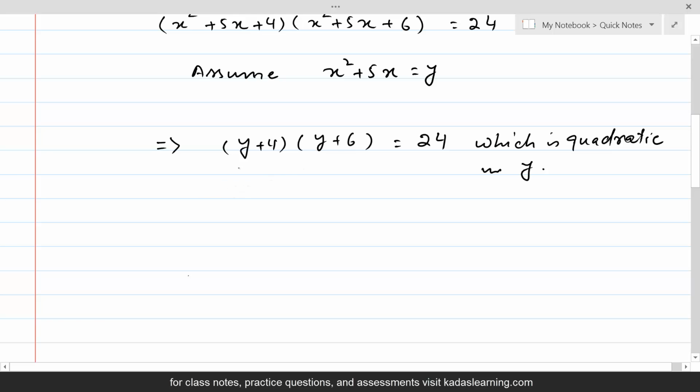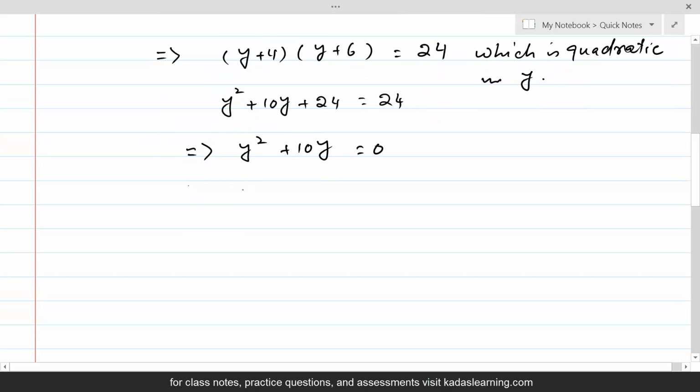Let's standardize it, and this will give us y squared plus 10y plus 24 equal to 24, leaving behind y squared plus 10y equal to 0. If we take y common, this leaves us y times y plus 10 equal to 0. So y is either equal to 0 or y is equal to minus 10.